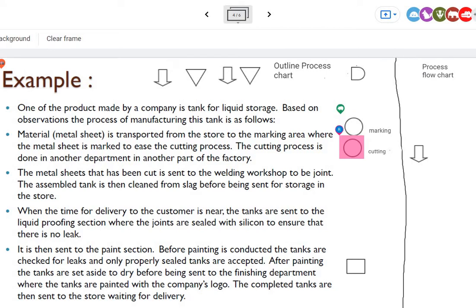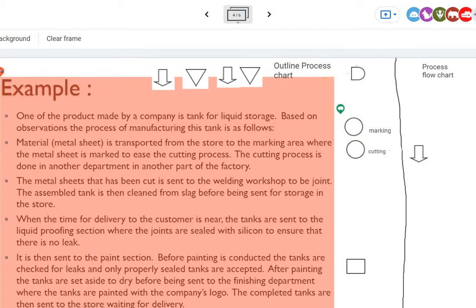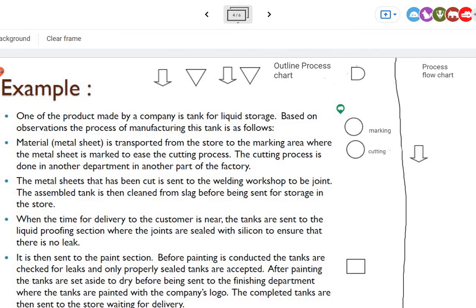Okay. Then for the second one, the metal sheet that has been cut is sent to the welding workshop to be joined. The assembled tank is then cleaned. So how many activities in the second question? Three? Two.